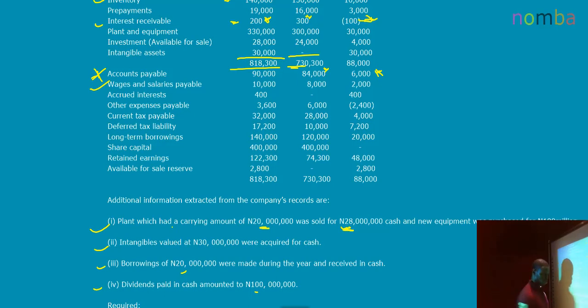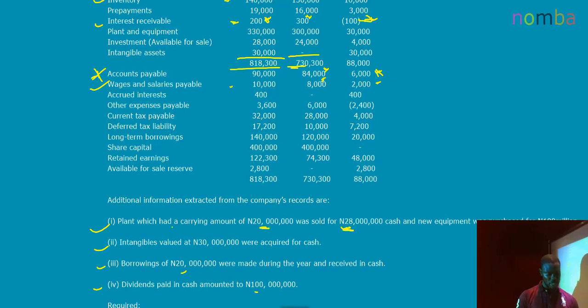And how much is it? This is how you get it. At the beginning of this period, it was 8,000 that we were owing. At the end of the period, it has increased to 10,000. What made it increase is what we are owing in this current reporting period, which is 2,000. That is, out of the 240,000 wages that was expensed in the statement of profit or loss, 2,000 we have not paid.